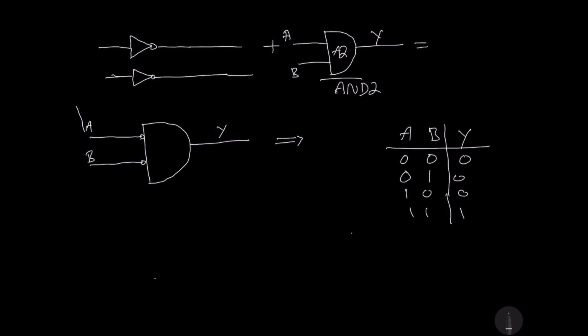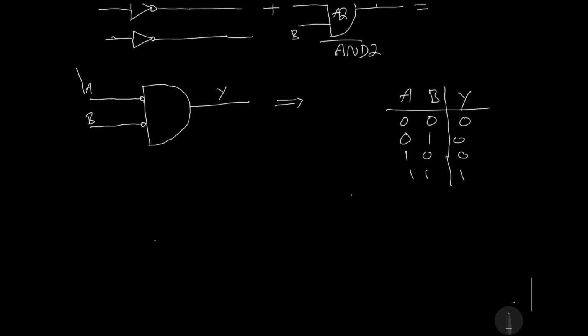Since we have the inverter or the bubble on the input side of the logic gate, we will automatically know what gate that is. In this case, since it's an AND gate and it's inverted on the input side, this will become a NOR gate or NOR2.